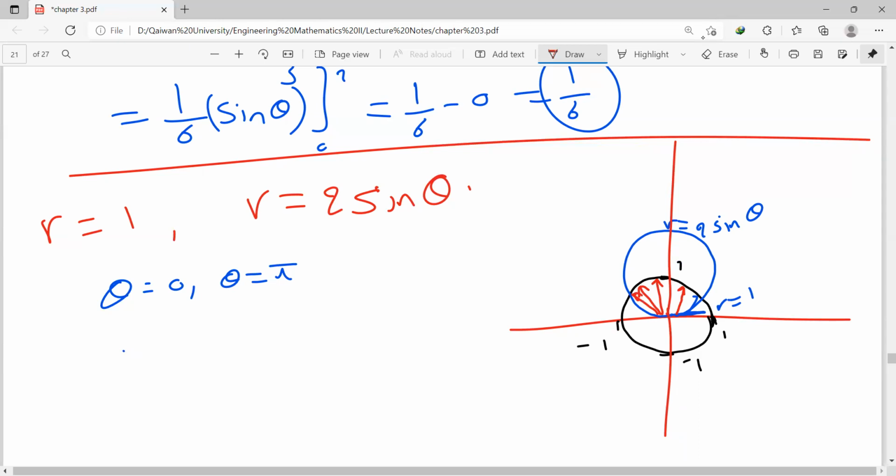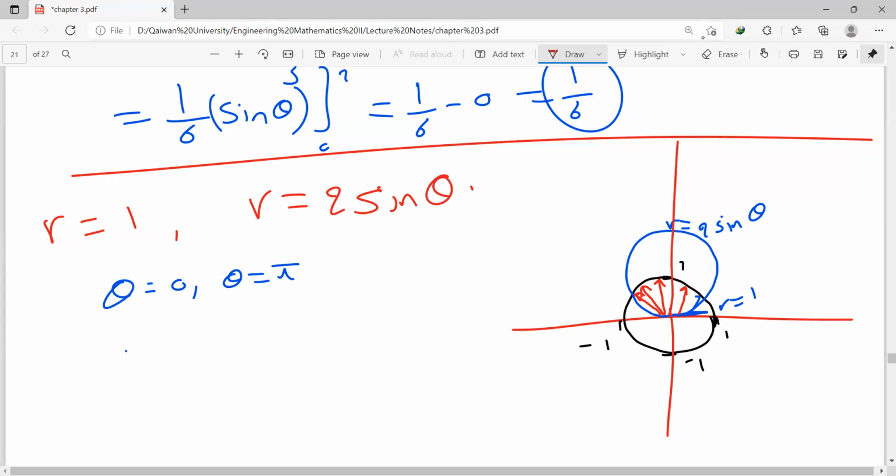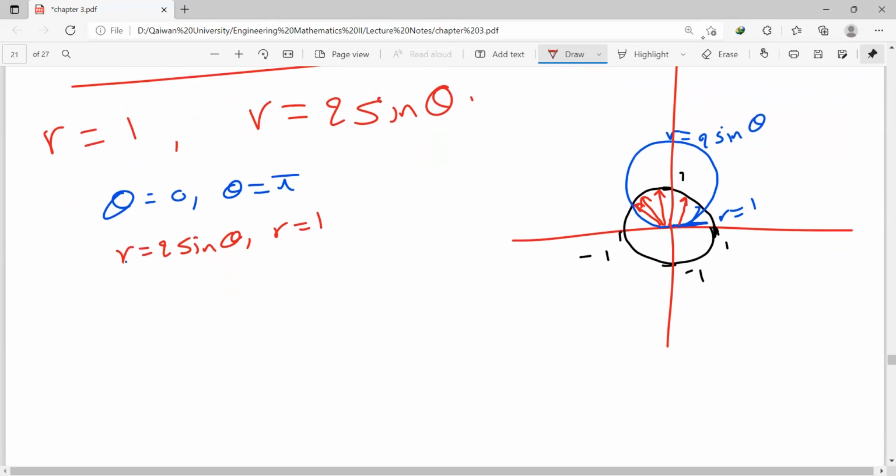That means from the blue one, r equals 2 sine theta, to the black one, r equals 1. That means the lower limit for r is 2 sine theta and the upper limit is 1.